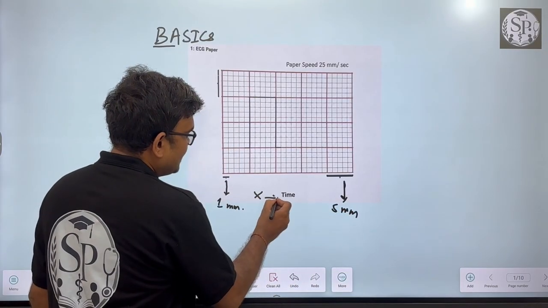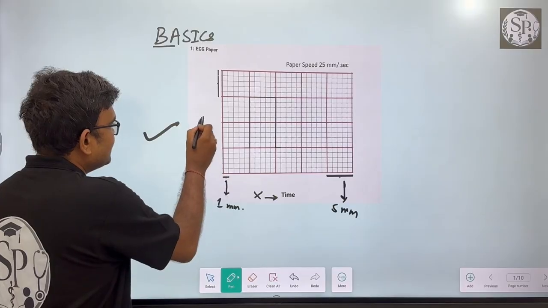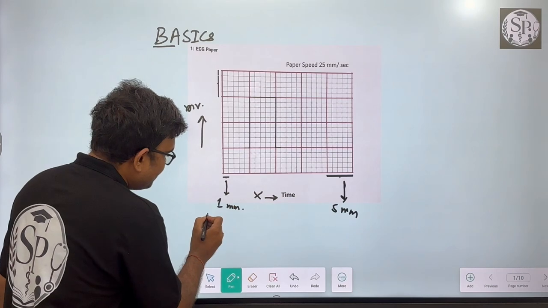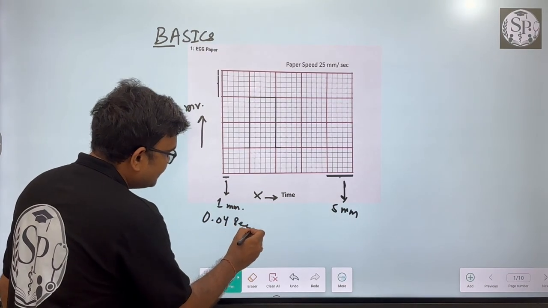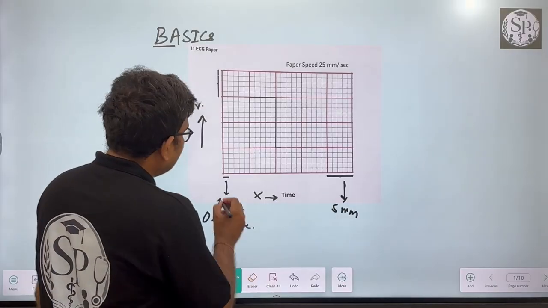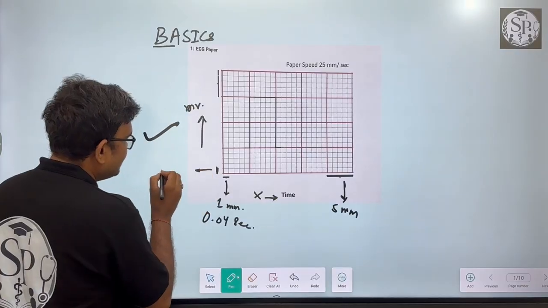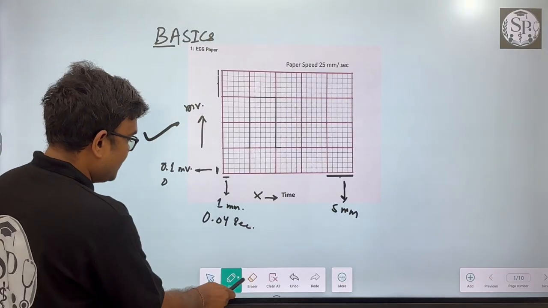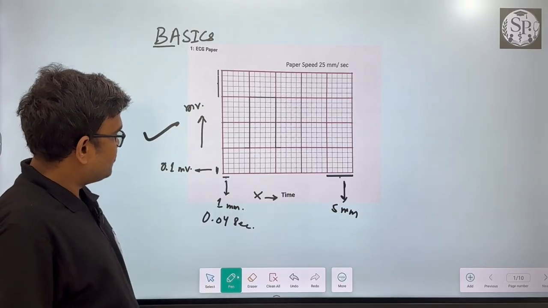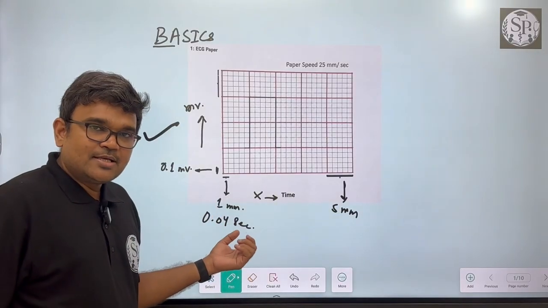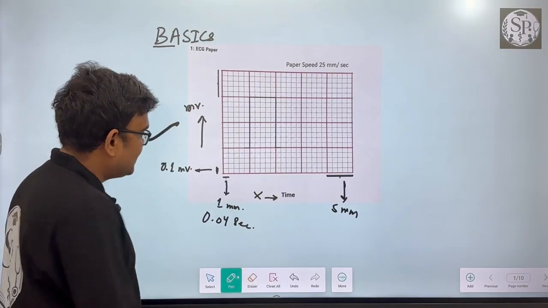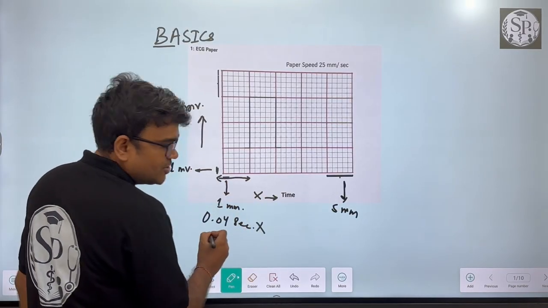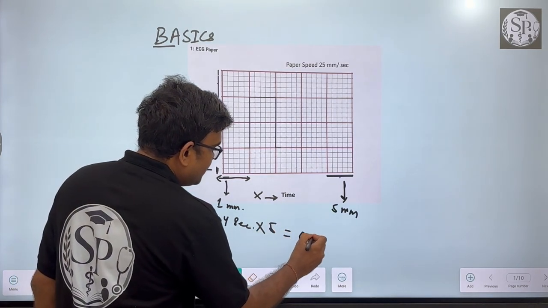On the x axis, time is calibrated; on the y axis, millivolt is calibrated. On the x axis, each small square is 0.04 second, and on the y axis, each small square is 0.1 millivolt. If each small square is 0.04 second, then 5 small squares is 0.04 into 5, which is 0.2 second.